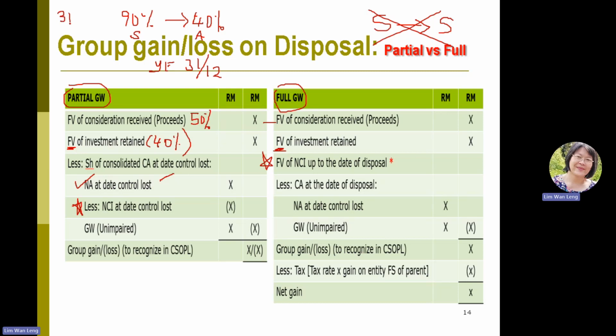On 31st March. So, which means that share of consolidated carrying amount at the date control is lost. So that means, what is the net worth on 31st March? So everything you calculate as at 31st March.